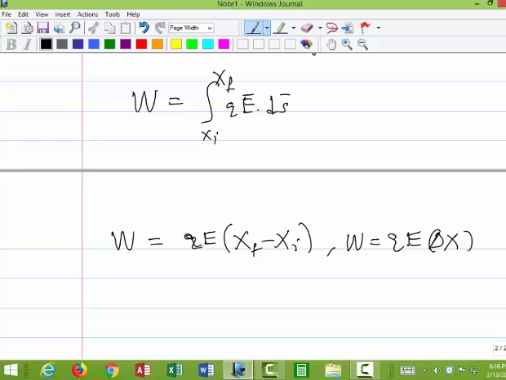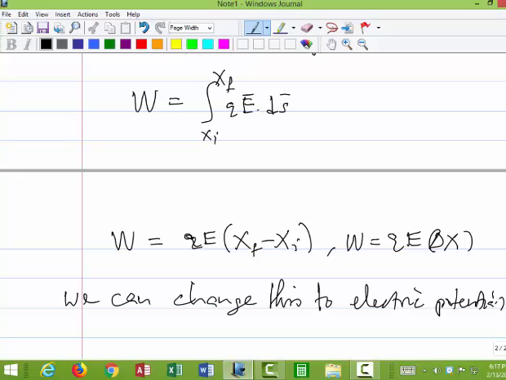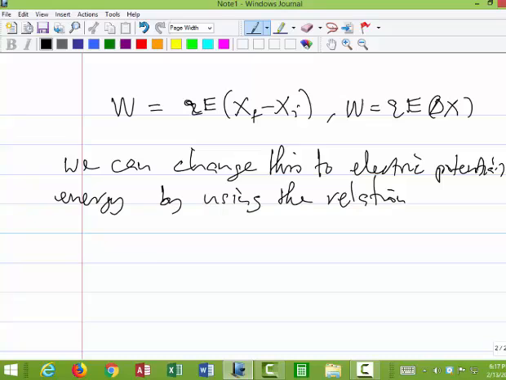And so if we wanted to find electric potential energy, we can change it to electric potential energy by using the relation. We've learned this before, that the potential energy delta U is equal to minus W. So we can say delta U electric is equal to minus W. And so if you like, we can just convert that.